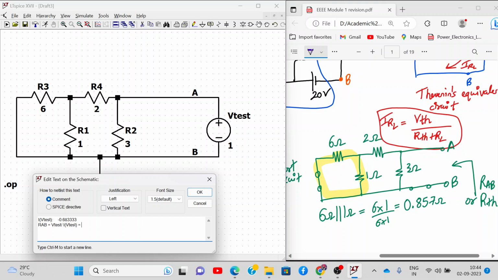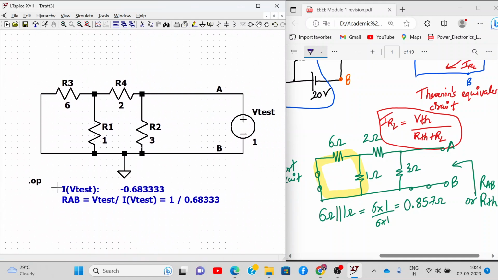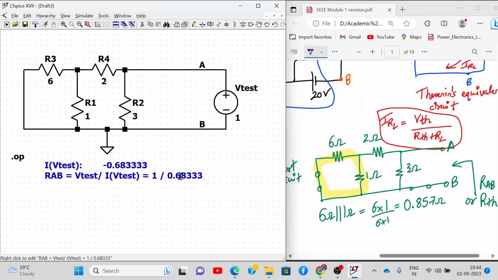Now what is the V test voltage? 1 volt. And don't consider this as negative, because I already told you LTspice treats the current flowing out of the positive terminal as negative. So 1 divided by 0.6833. Please tell me what this number is.